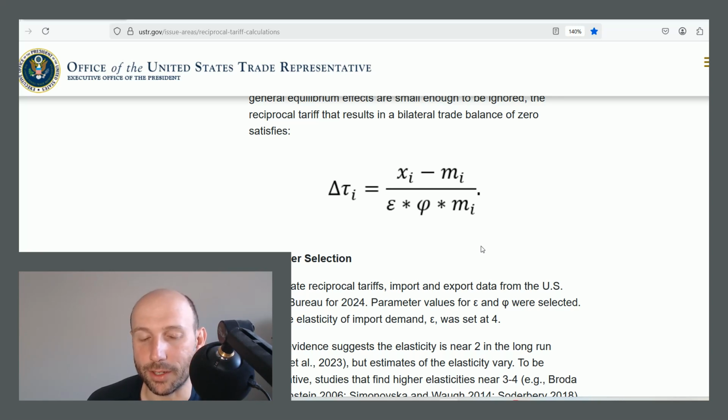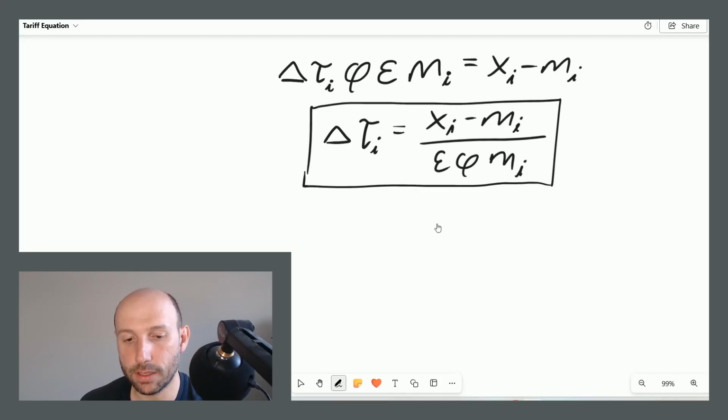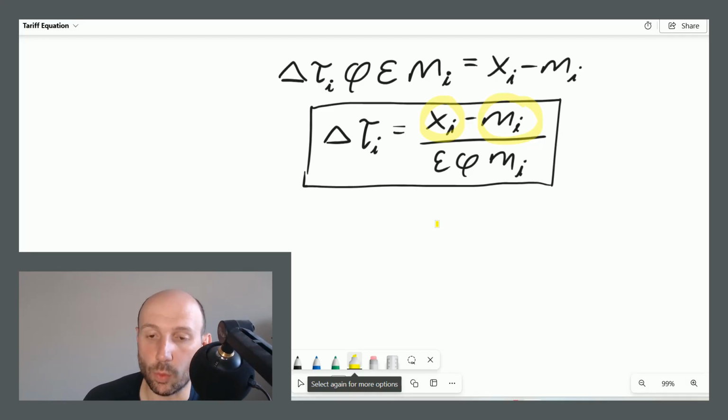Now, final question, why is it called a reciprocal tariff, which makes it sound like it's a response to tariffs? Well, that comes down to the question of, why is there even a difference between exports and imports? And the answer is, there must be some mechanism responsible for decreasing American exports to a country such that those exports are less than the imports coming from that country.